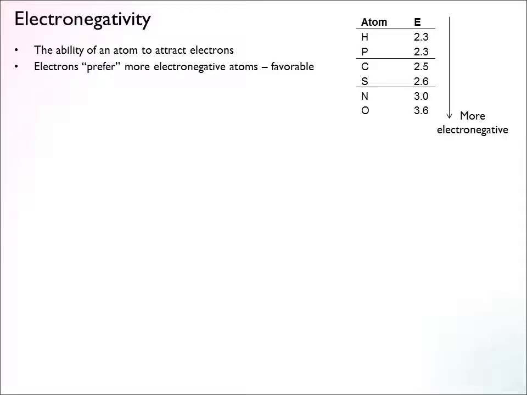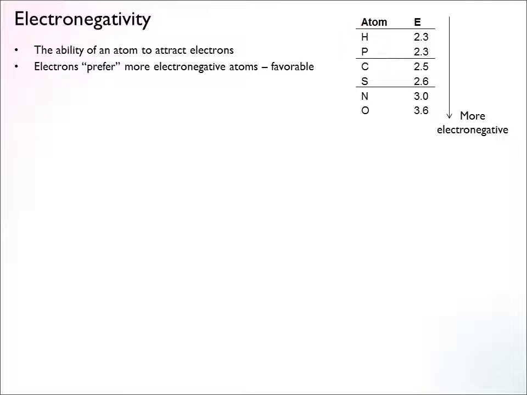So electrons prefer those which are called more electronegative. And there's a series of these, and carbon is somewhere in the middle along with sulfur in electronegativity. Oxygen is very electronegative, so it tends to attract electrons.